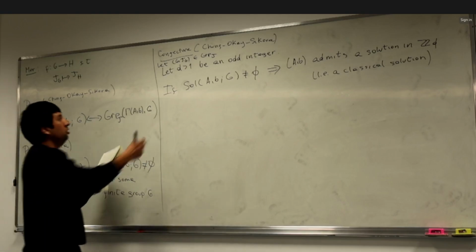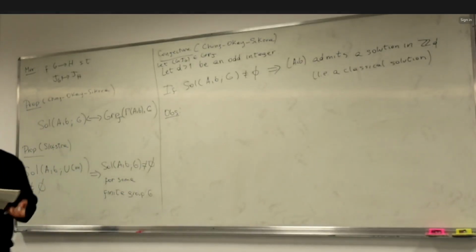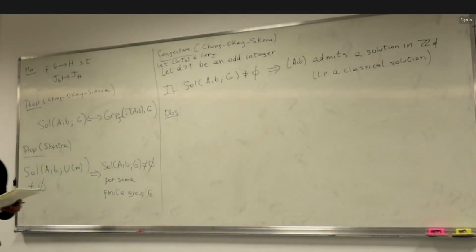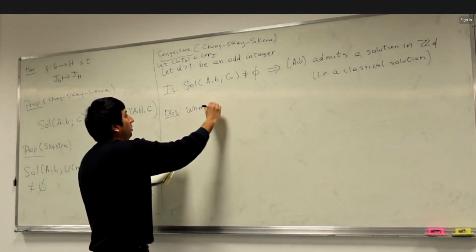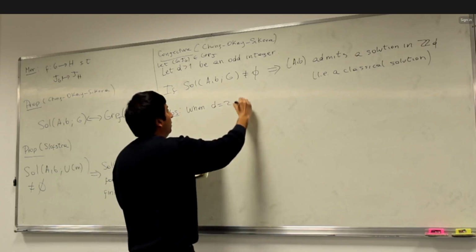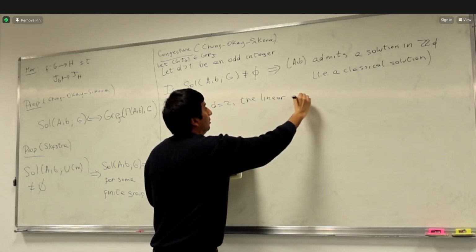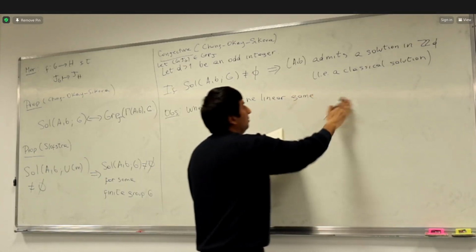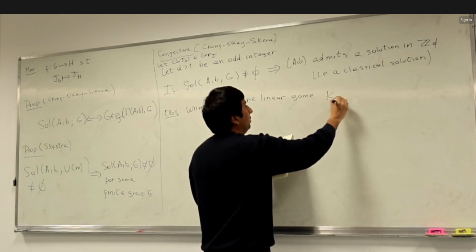Well, but we remember that the magic square game has no classical solution when d equals 2. The graph associated to this game is often denoted K33.